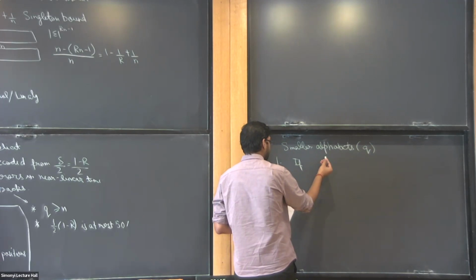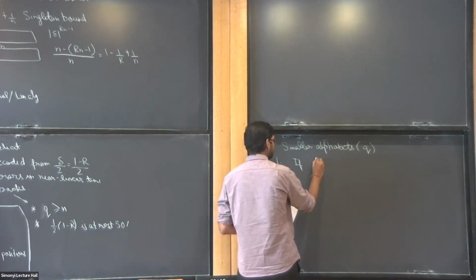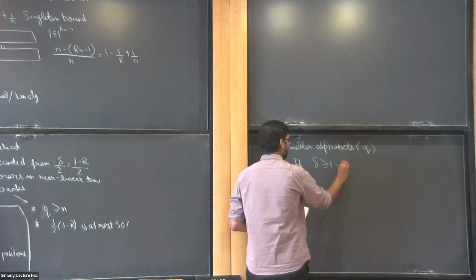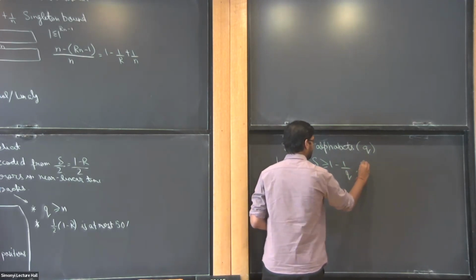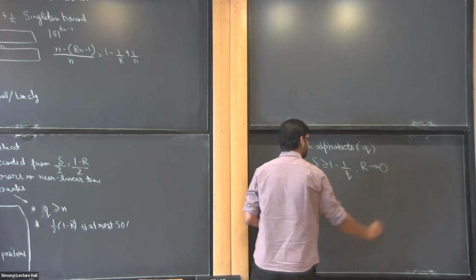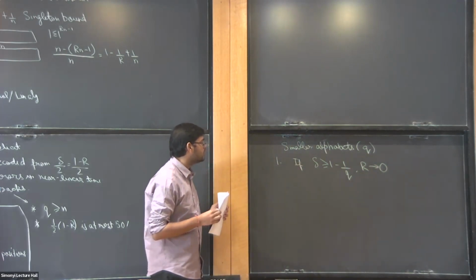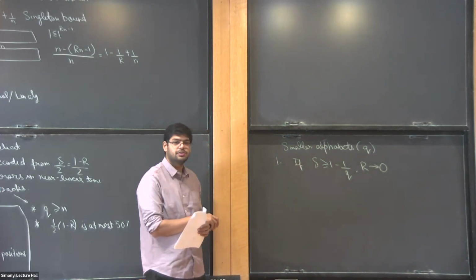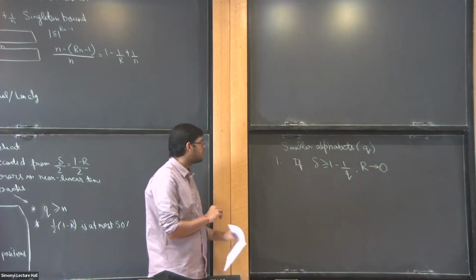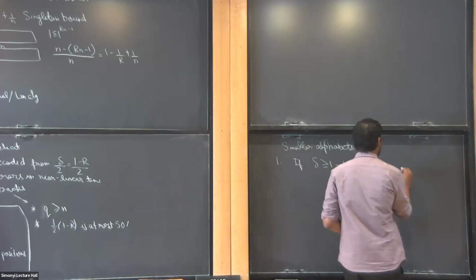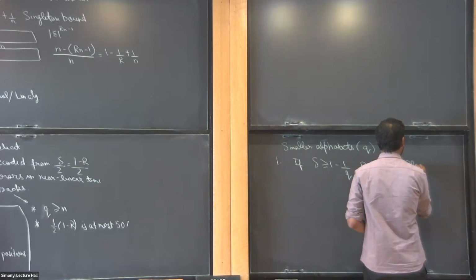If we are targeting a distance of more than 1 minus 1 over Q, then the rate must be 0. This is called the Plotkin bound.